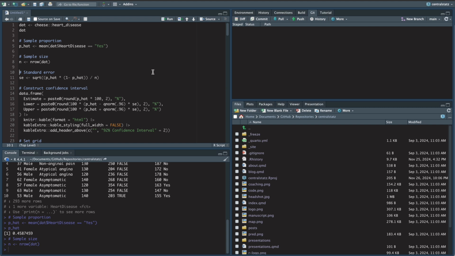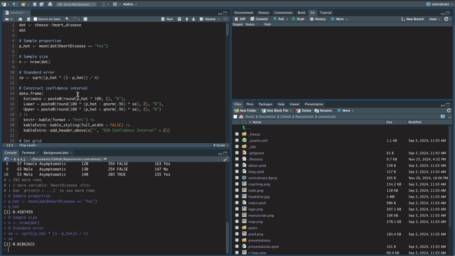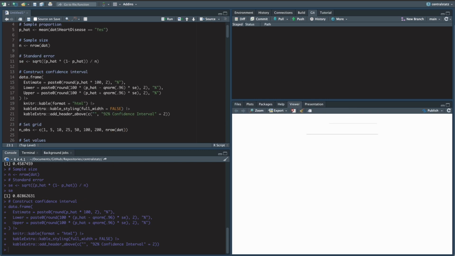Pull in our sample size, and we're going to get our typical large sample proportion estimates from the frequentist approach. Here we're just constructing a typical frequentist 92% confidence interval.